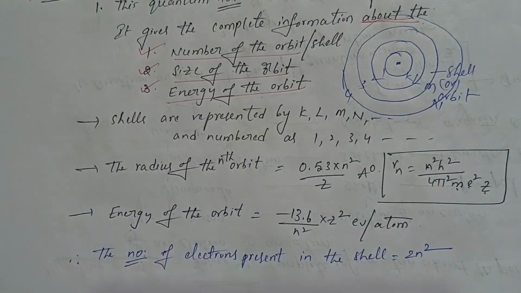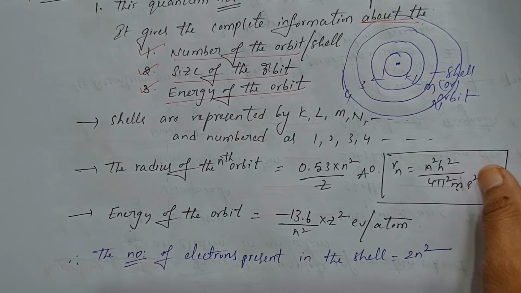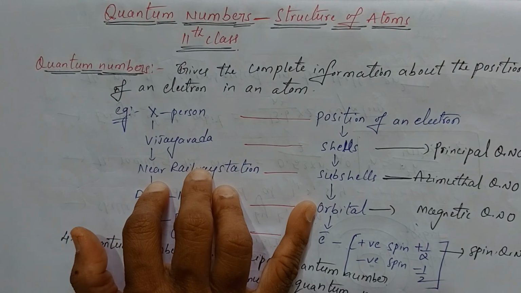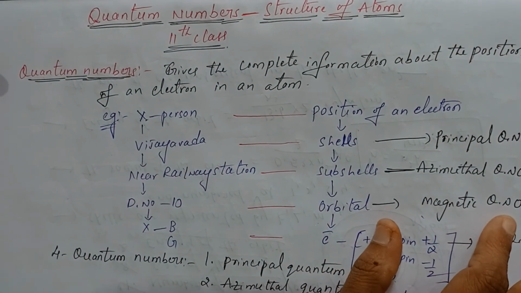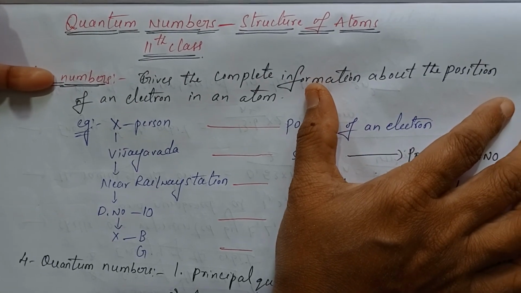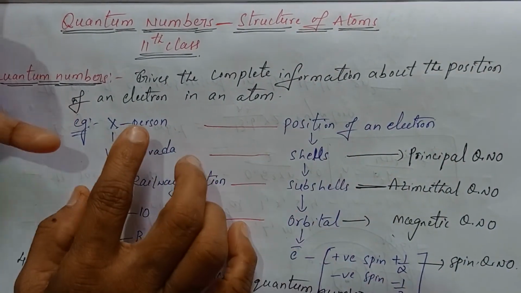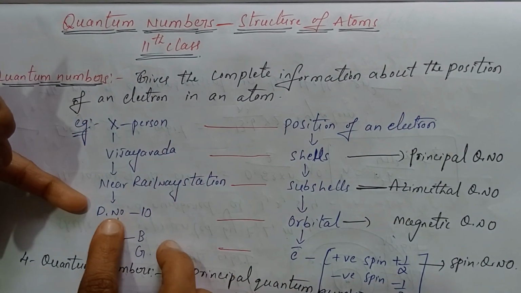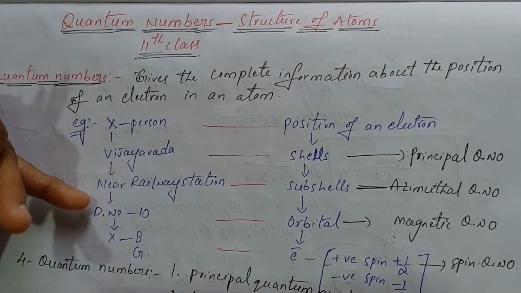See students, what we discussed in quantum numbers, structure of atom, 11th class. It gives the complete information about the position of an electron in an atom. Suppose X is a person staying in Vijayawada near the railway station, door number 10. Whether he is a boy or girl is secondary.